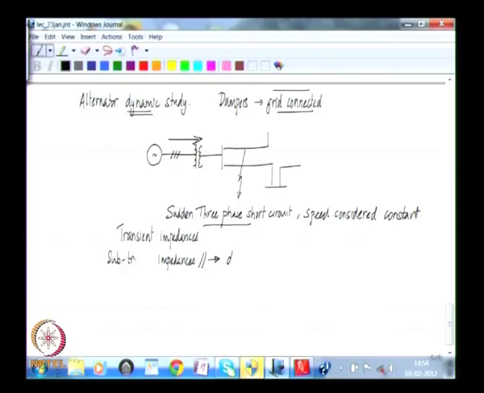Now these definitions and the behavior also have something intimately related to the behavior of damper bars inside the alternator.